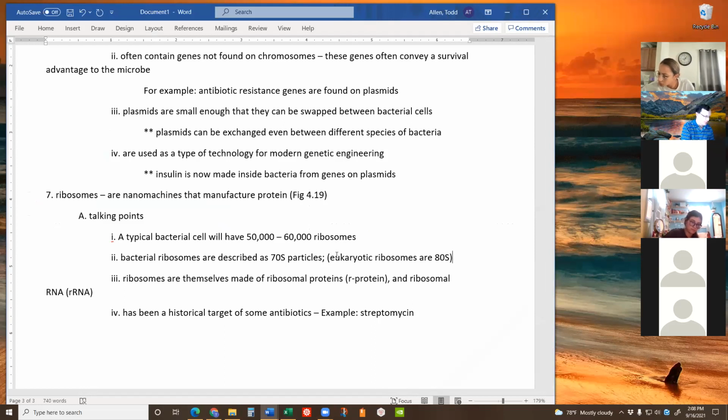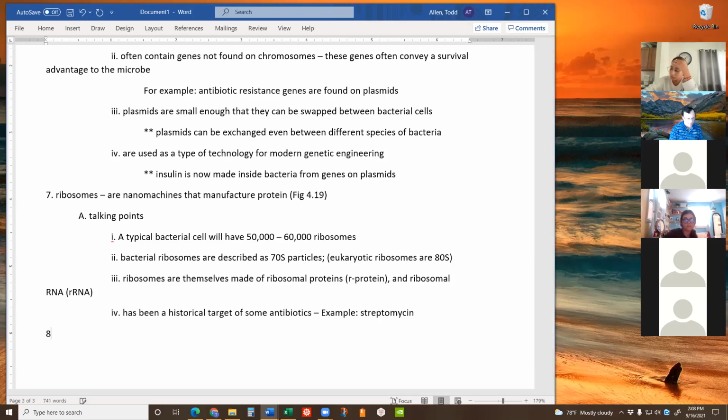It's a Svedberg unit, which refers to the sedimentation rate of spinning cells through a centrifuge. If you're really curious, I can describe it to you, but it would take me a while, so I'll move on for now. If you want to ask a question about it, please do.